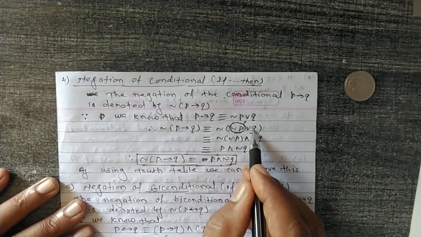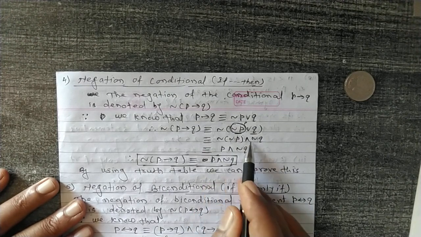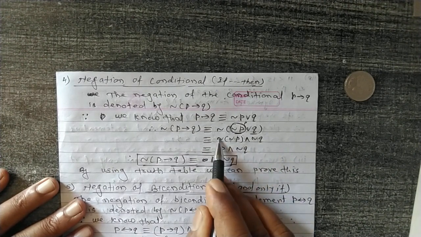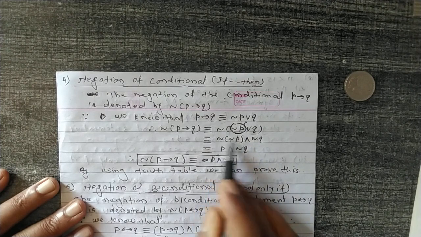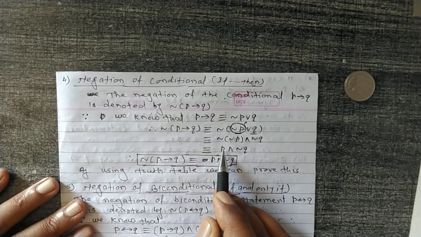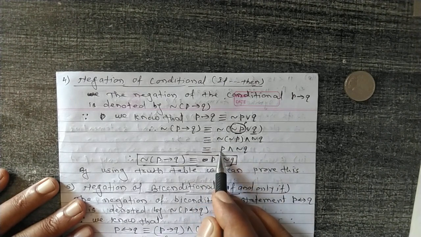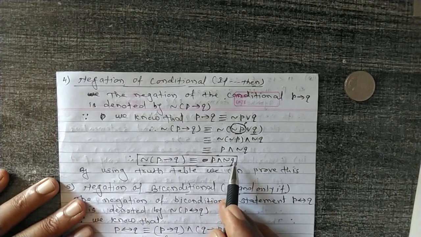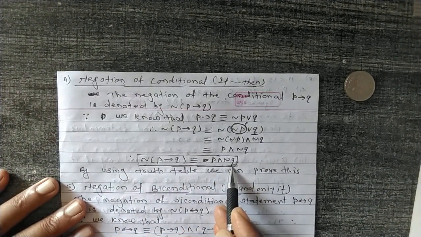By using this rule we can write negation P conjunction negation Q. Now again use the third rule, that is negation of negation P. By the third rule we get the statement itself. Therefore negation of negation P is equivalent to P conjunction negation Q. Therefore negation of P conditional Q is equivalent to P conjunction negation Q. Now this is the fourth rule of negation.